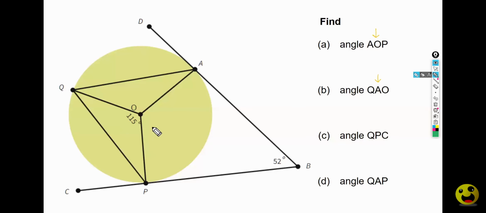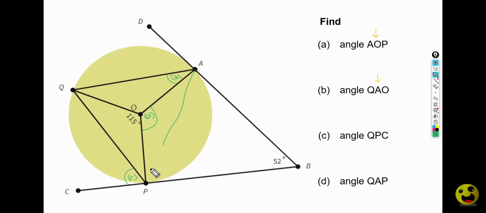A, O, P, this is A. Q, A, O, this is B. C is Q, P, C. This is part C. That's the angle I want you to find. And D, Q, A, P.